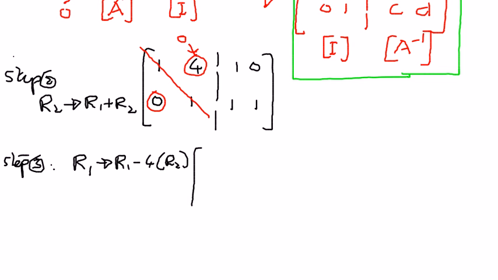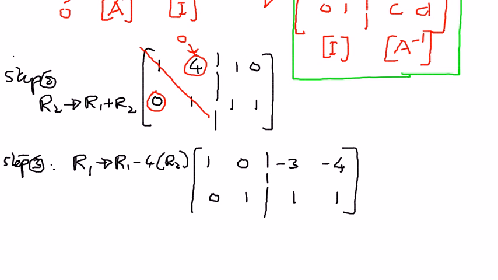So how does that look? 1 minus 4 times 0 will be 1, and then 4 minus 4 times 1 will be 0, and then on the other side of the partition, 1 minus 4 times 1 will be 1 minus 4, that will be equal to negative 3, and then the next element will be 0 minus 4 times 1, that will be negative 4. And then we will write the second row in here, which is 0, 1, 1 and 1.